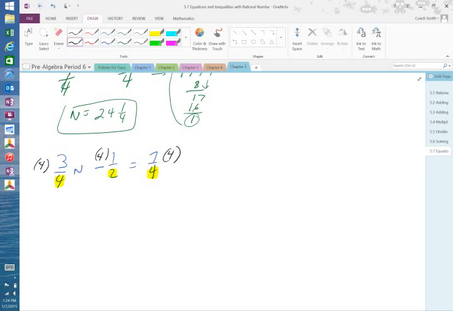Here the 4s cancel, leaving me with 3n. Here 2 goes into 2 once, and 2 goes into 4 twice, so that's minus 2. On the other side, the 4s cancel, leaving me with 7. So now what do I do to solve it? Why am I subtracting 2?